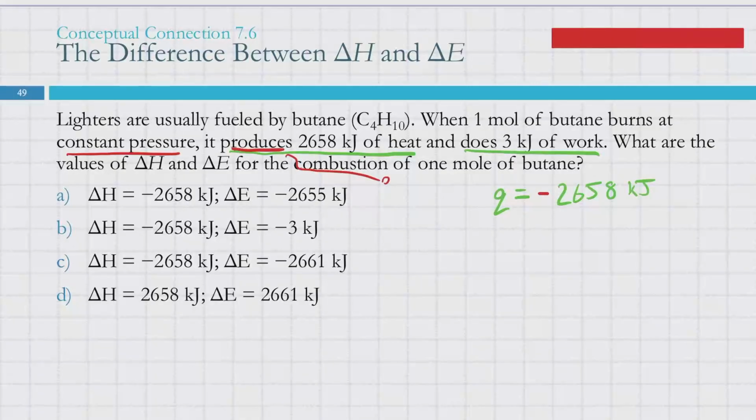Producing sort of being the same as emitting. Right, we're burning it, it's releasing energy, it's producing energy, it's emitting energy, it's losing energy. So we can put a negative value in front of that. And then the work has a value of 3 kilojoules. And is this one positive or negative?